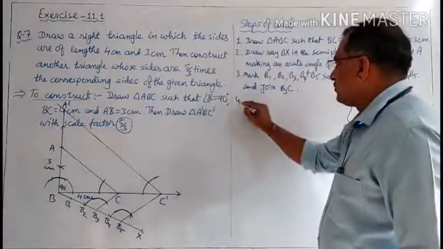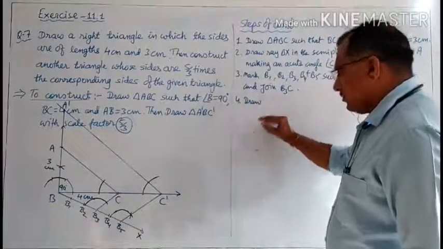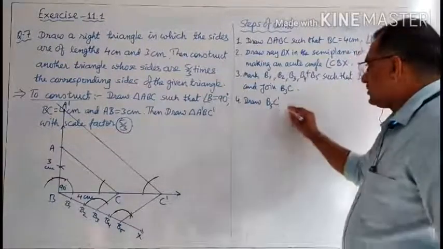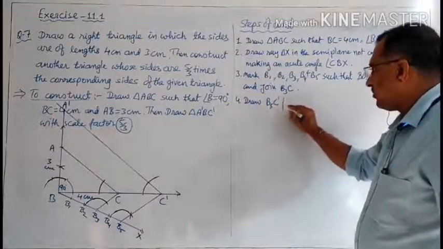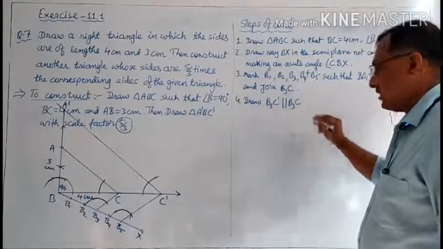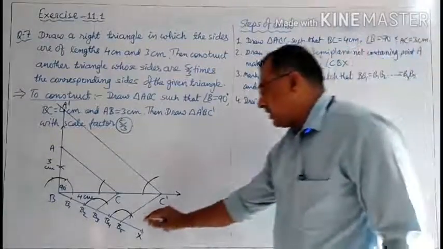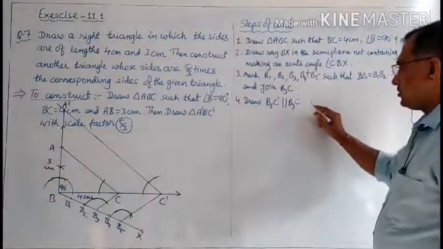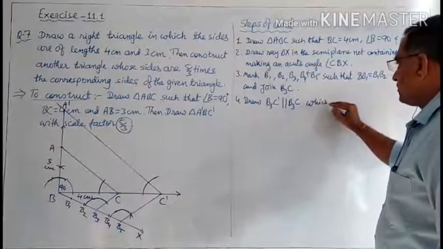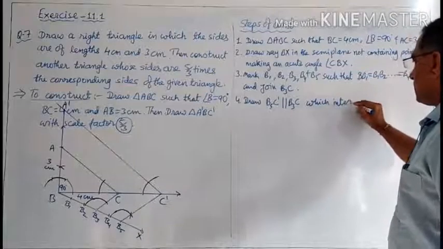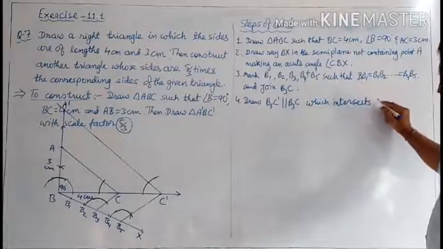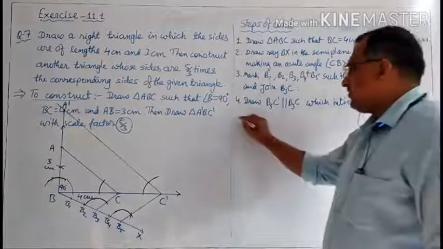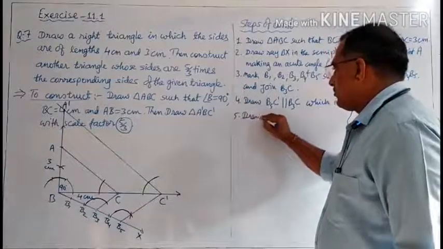After that, we have to draw the line B5C dash passing through B5 and parallel to this B3C, which intersects BC at C dash.